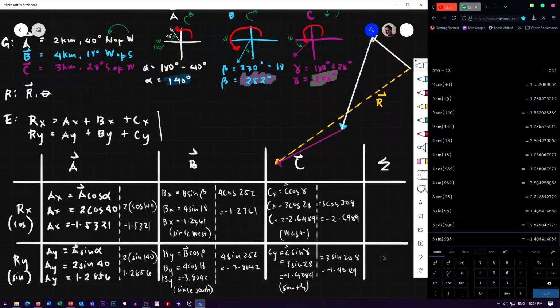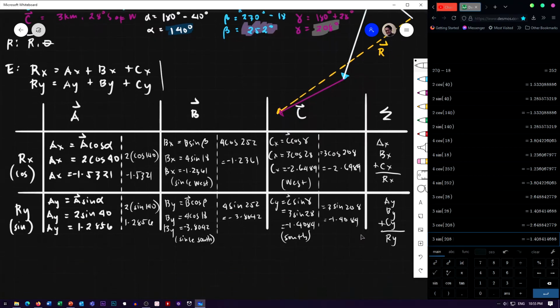On our equation, after accomplishing this, we have r sub x. I'm going to write it like this: b sub x, then c sub x, addition, so it's r sub x. For r sub y, we have a sub y, b sub y, and then c sub y. Then you add these and you have r sub y.